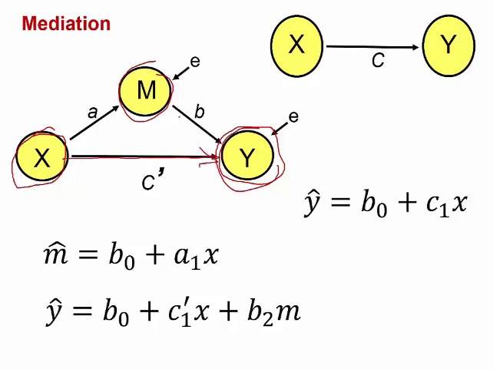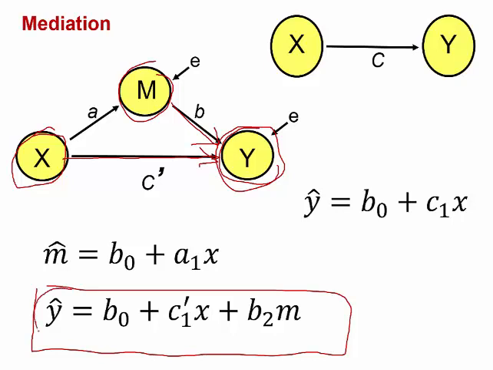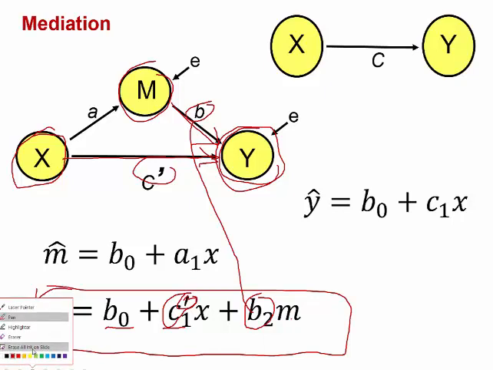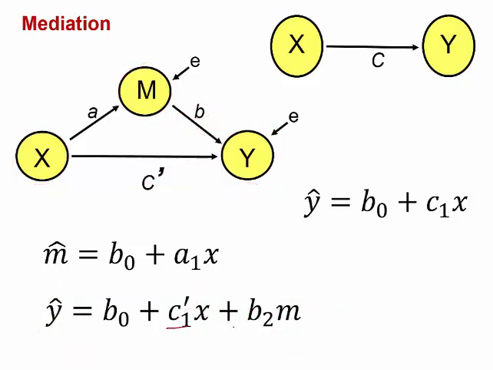X predicts Y and M predicts Y. So I have an equation down here at the bottom saying that Y hat, your predicted score on Y, is equal to an intercept plus a slope, and I'm going to label this slope C prime, putting that little mark at the top, plus I'll label this beta with a B, which is that one right there, slope 2 times M. So this equation has two slopes, the slope for C prime and the slope for beta.